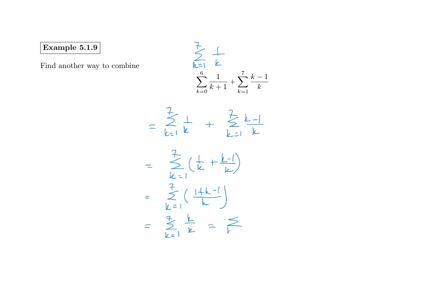Well, we just got the sum from k equals 1 to 7 of 1. That's literally 1 plus 1 plus 1. That's 1, 2, 3, 4, 5, 6, and 7. We literally just added up 7 ones.